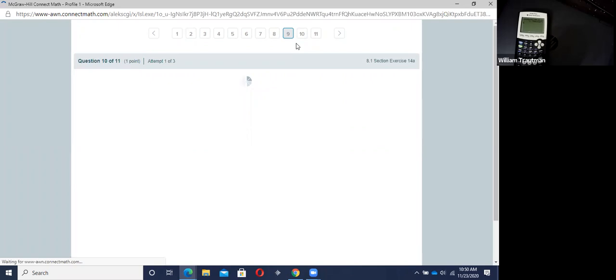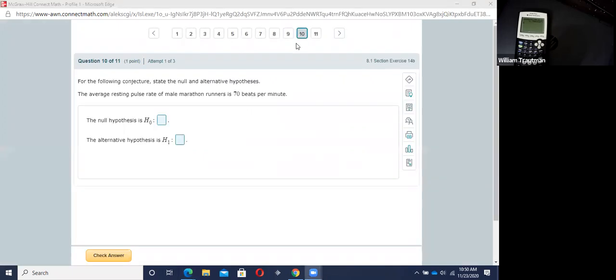Okay, so let's look at this one. This is the same thing. We know it's going to be equals, right? The null is always equals. And the only number I see is 70. For the following conjecture, state the null and alternative. The average resting pulse rate for a male runner is 70. It equals 70.